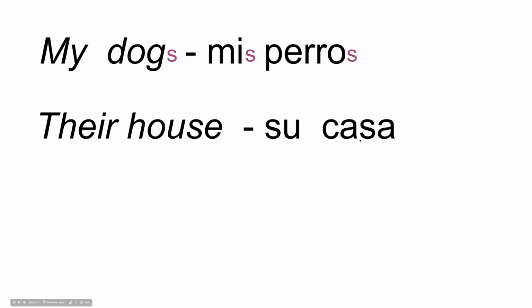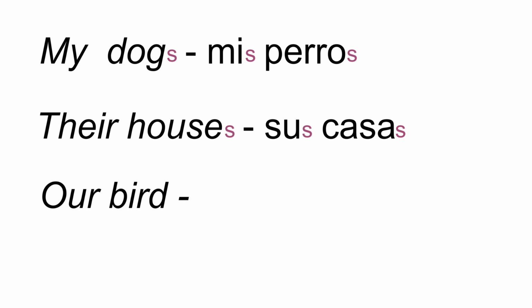So if we want to change their house to their houses, su is going to have to become sus. Casa is going to have to become casas. Okay, it's a pretty simple concept. You just have to practice it for it to become second nature.